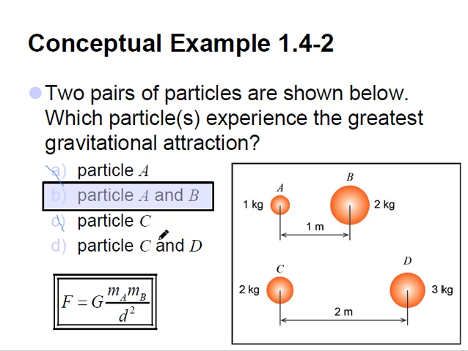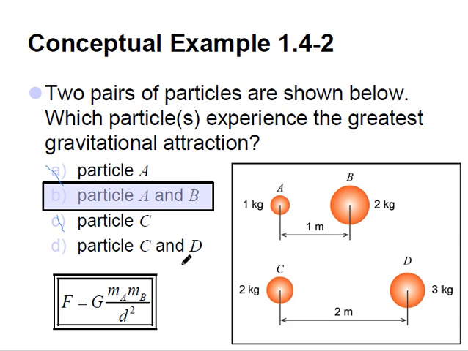We have particles A and B, C and D. This time we have different distances. Gravitational attraction is bigger when the distance is closer, but we also don't have the same masses. We have different masses in different pairs: first pair, and this is your second pair.